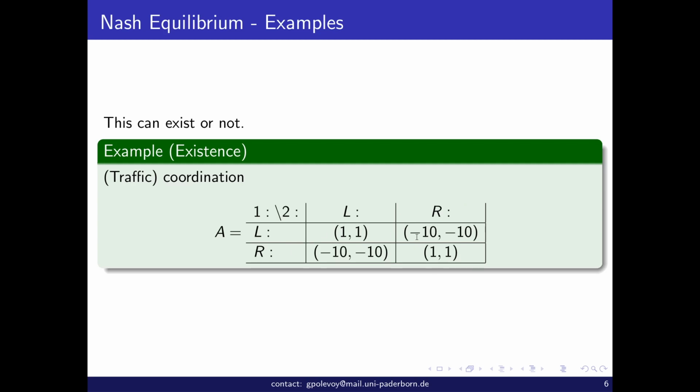The same if both go on the right side of the road, they don't have any preference, they just need to have the same side. But if one goes right and the other left, they have a chance to collide. Therefore, they both get -10. So they just need to coordinate. That's why it's called the coordination game.